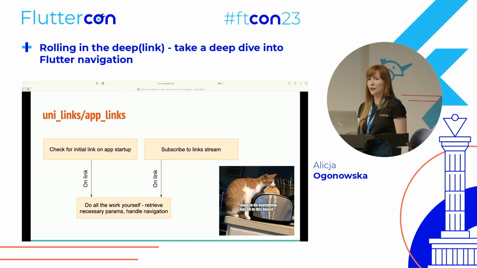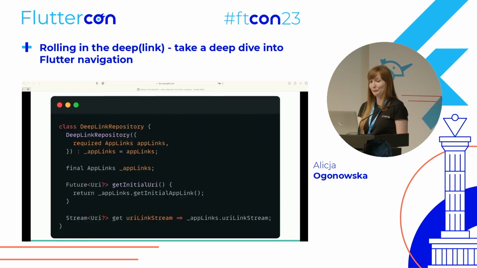Right now, it doesn't really matter if you're using Navigator 1.0 or any other package. You just have to prepare, handle the deep links and then decide what to do. You don't get that much out-of-the-box stuff, but hey, you have a lot of power, so use it wisely.